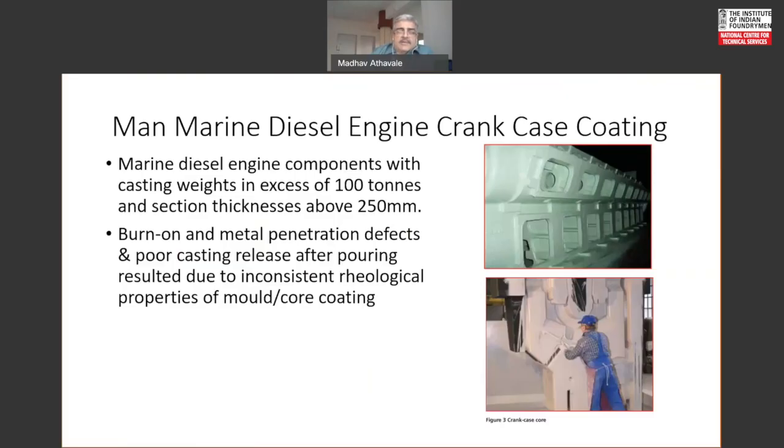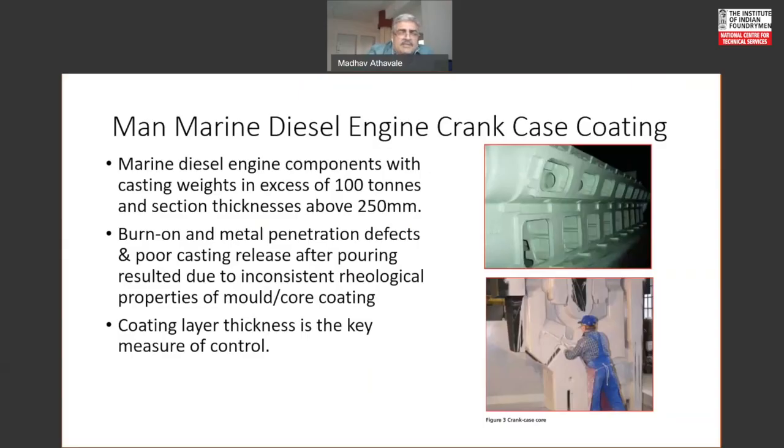Now, as this foundry was making these castings, it's a European foundry, they were facing problems of burn-on, metal penetration defects, and poor peel-off. Poor casting release, another word used is peel-off from the mold, with the casting getting peeled off easily. That was essentially because of improper mold and core coating rheologies.